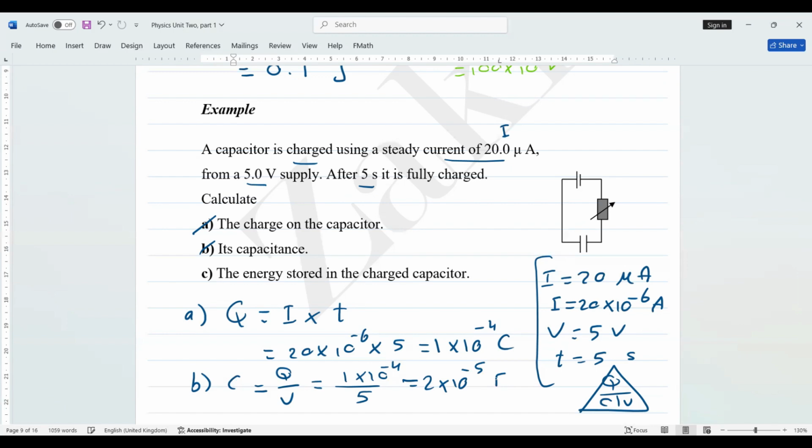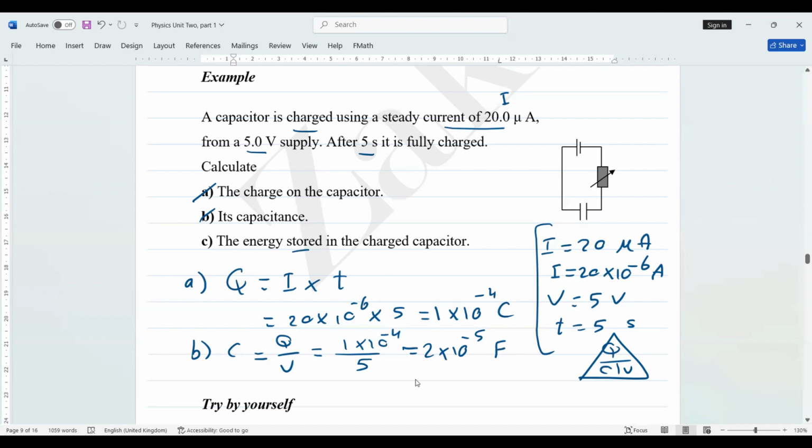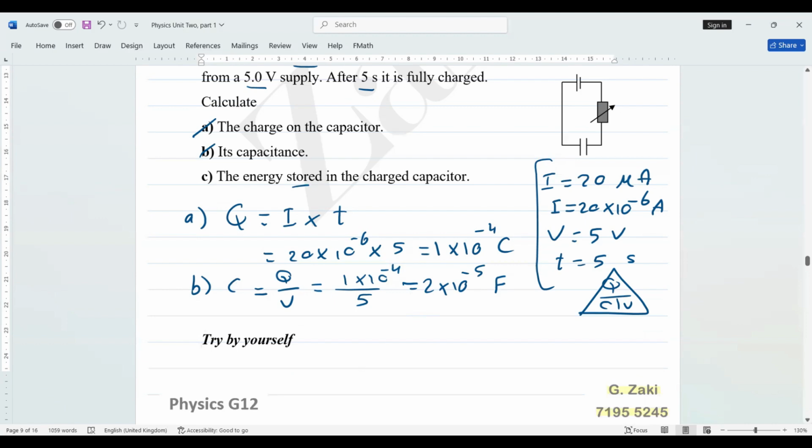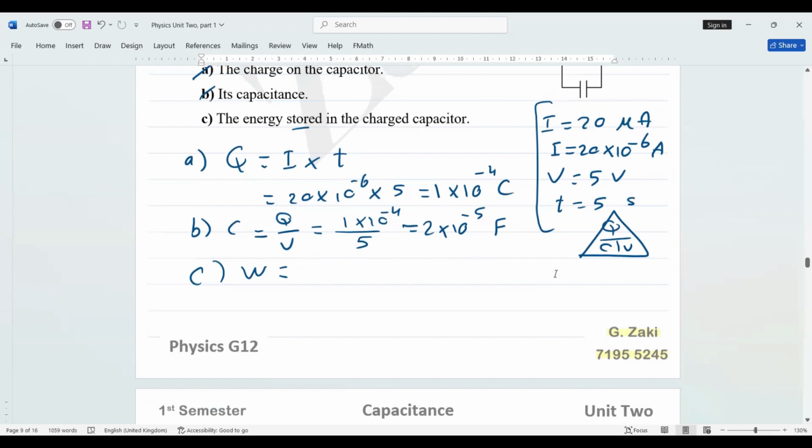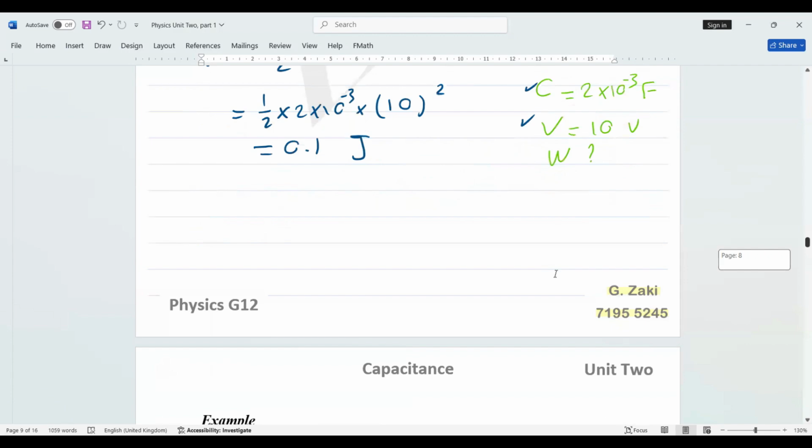The energy stored. Now we need the energy. Which formula do we use for energy? So part C, we need the energy. Already V is given and Q we calculated. Then which formula? We have Q and V, half QV, the first formula.